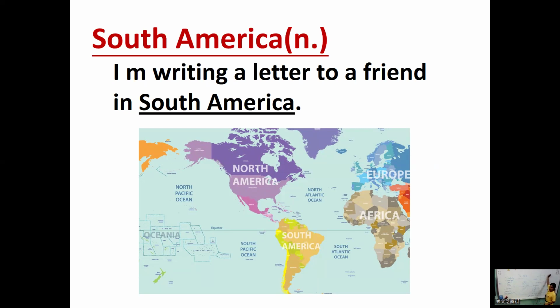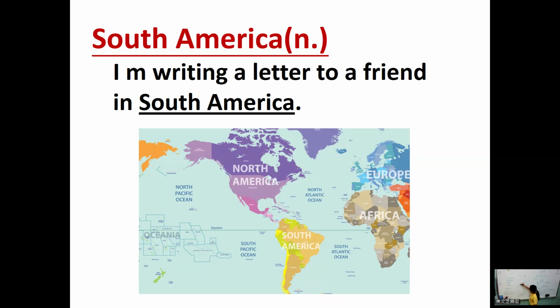This is North, this is South, and East, West. If it's the upper part, that is north; if it's the lower part, that is south. That's why we have South America.